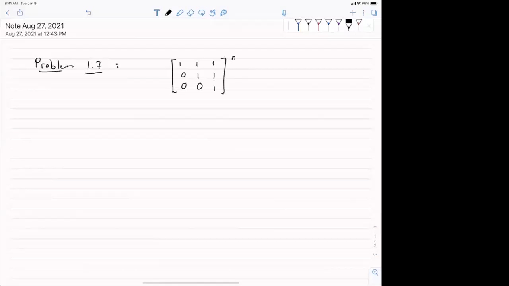It says, consider the nth power of this matrix and find a formula for it, and then prove it. When we're done with that, we can then prove by induction that our formula is correct. Okay, so that's the question.